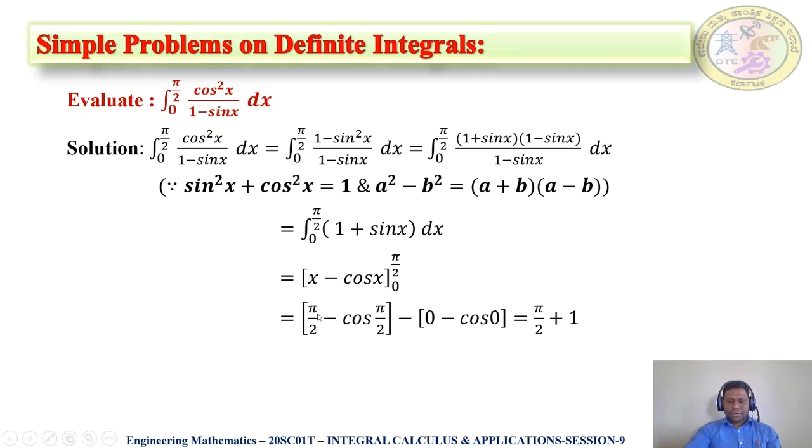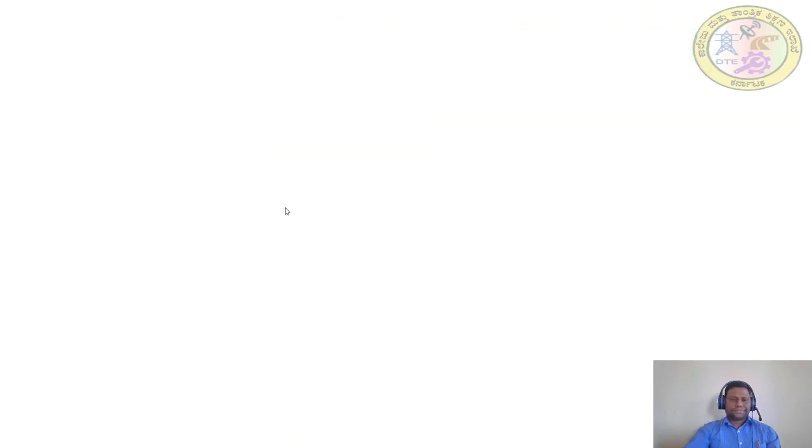Here pi by 2 remains, cos pi by 2 is 0, and cos 0 is 1. So it remains with minus 1, which becomes minus into minus plus 1. So the final answer is pi by 2 plus 1. Therefore, integration from 0 to pi by 2 of cos square x divided by 1 minus sin x dx is pi by 2 plus 1. That is the answer we got here.